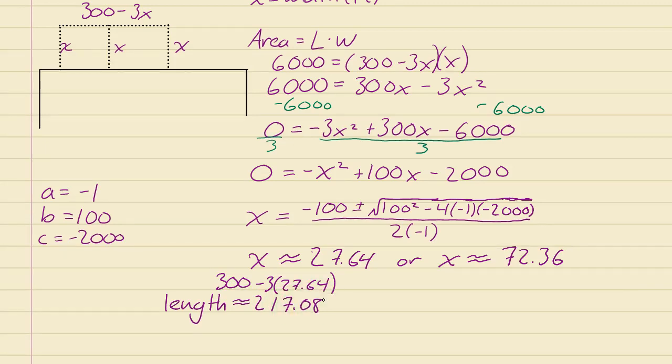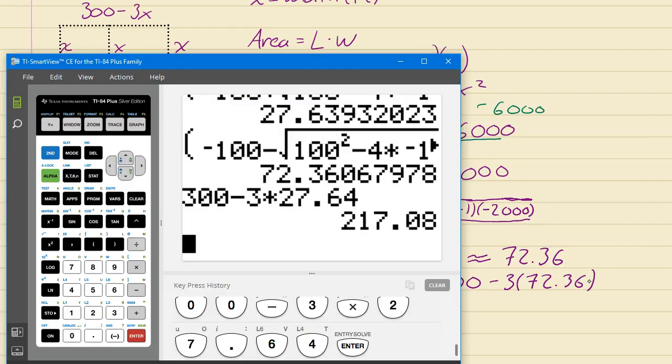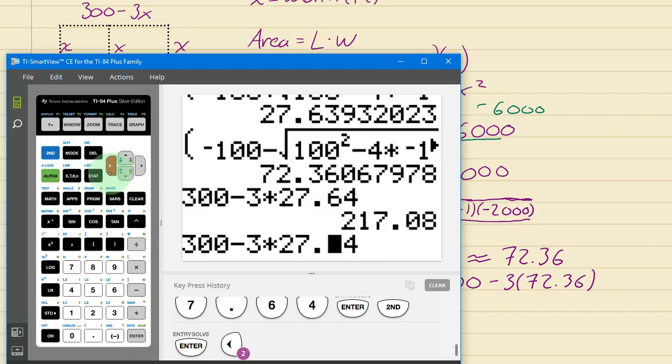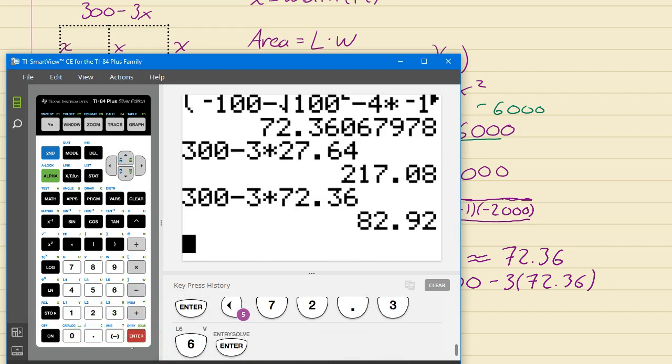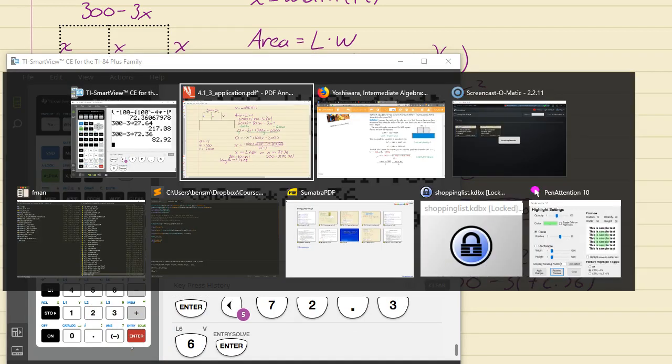And if x is 72.36, then if we figure out the length based on that, by plugging that number in here, 72.36, we'll get 82.92.